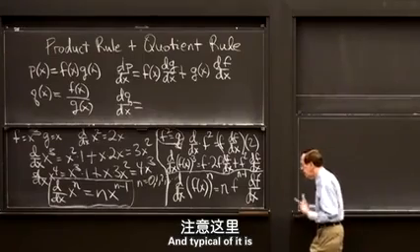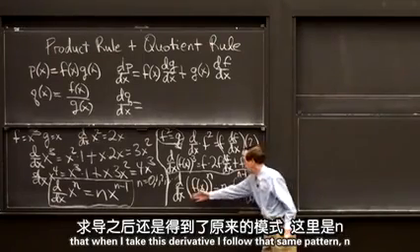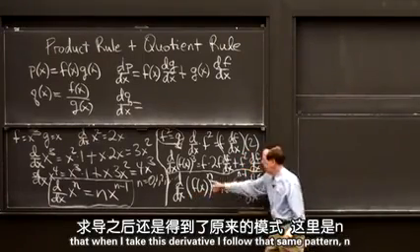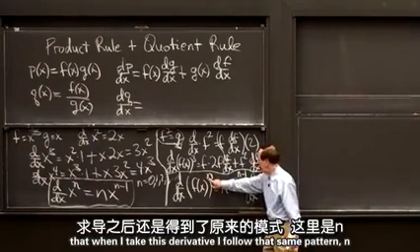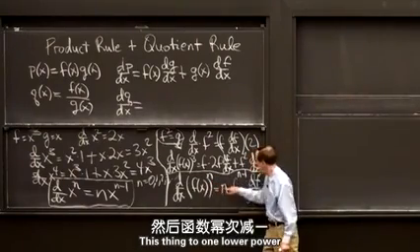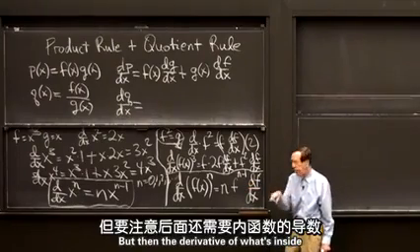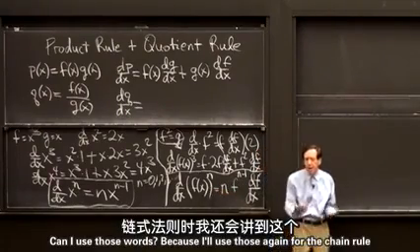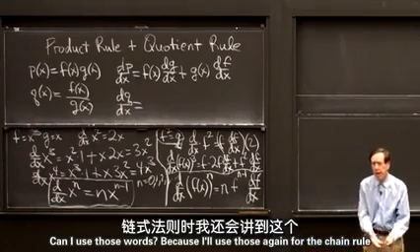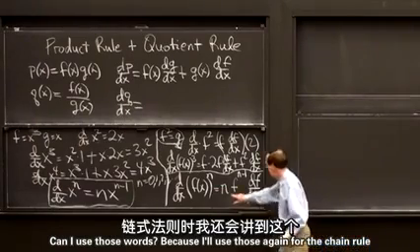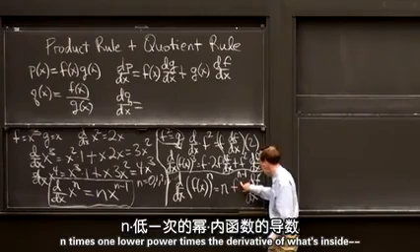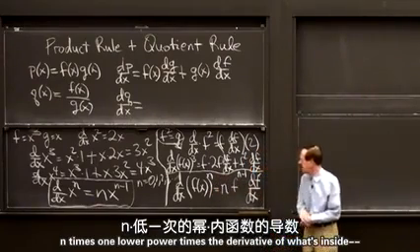And typical of it is that when I take this derivative, I follow that same pattern, n, this thing to one lower power, but then the derivative of what's inside. Can I use those words? Because I'll use it again for the chain rule. N times the one lower power times the derivative of what's inside.